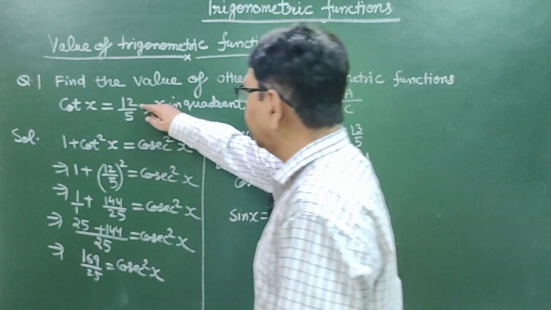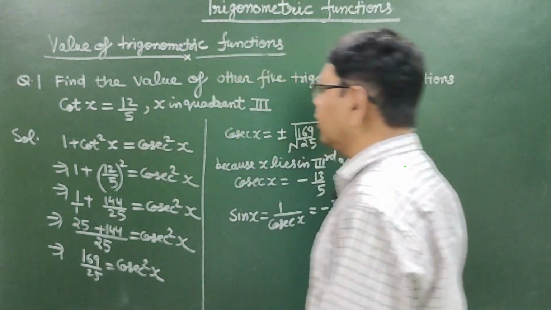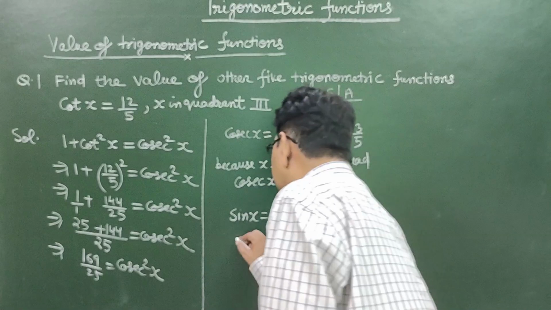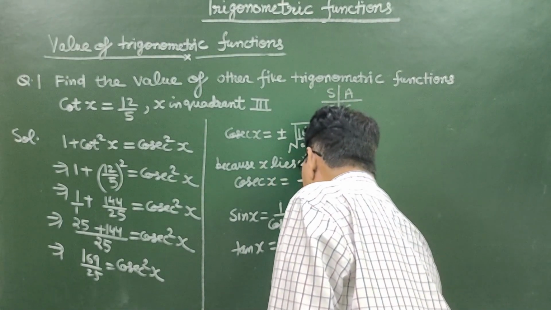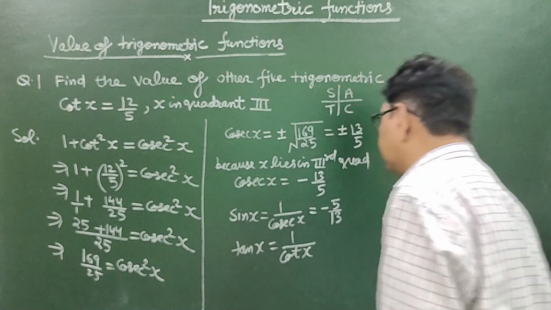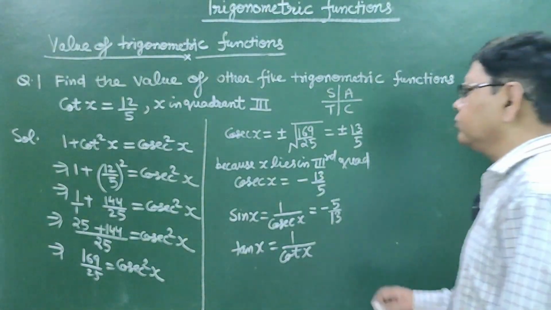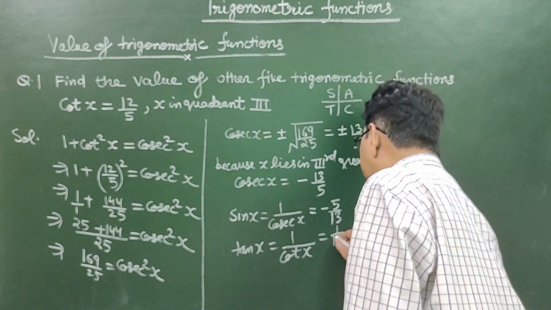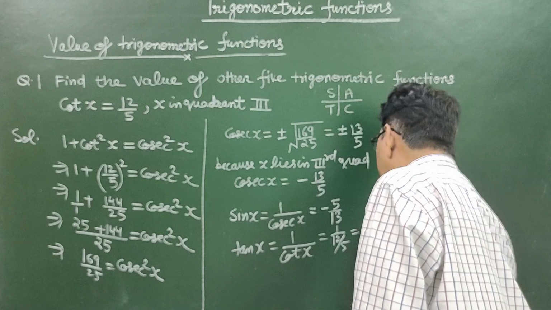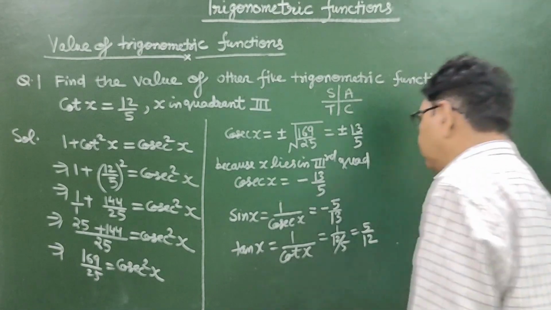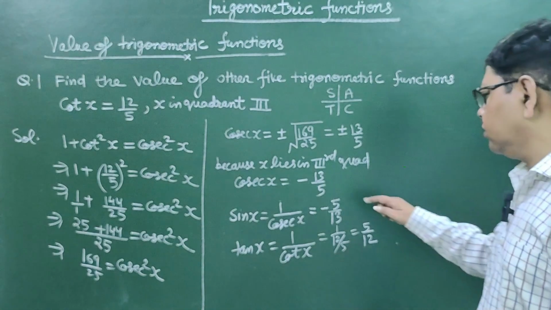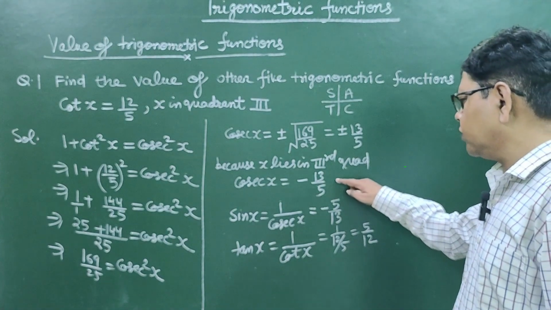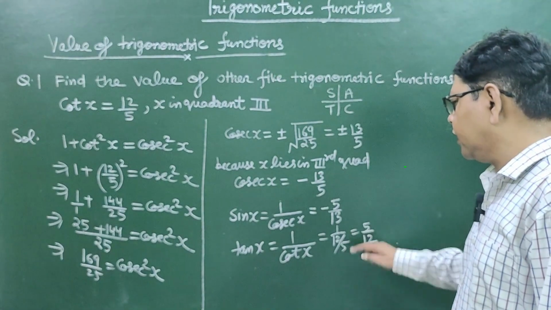Now cot x we already have is equal to 12 upon 5, so tan x is the reciprocal of cot x. This will give you 1 upon 12 upon 5, which is equal to 5 upon 12. So we have cot x already given, we have calculated cosec, then sine, then tan.